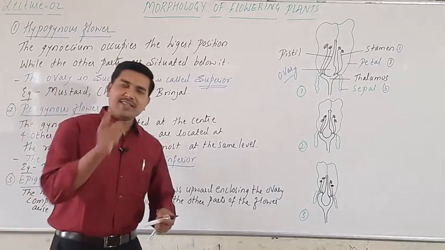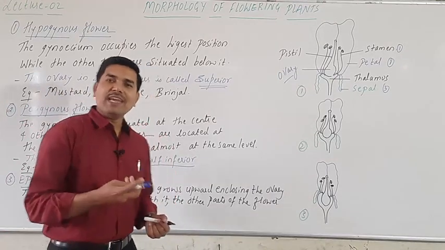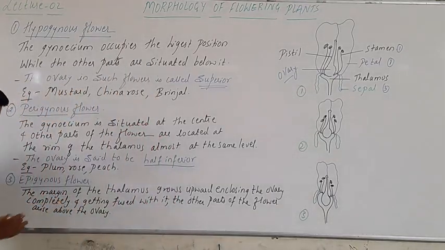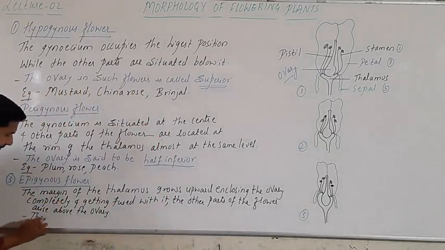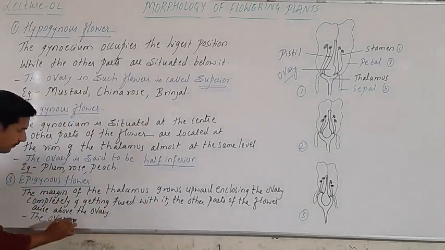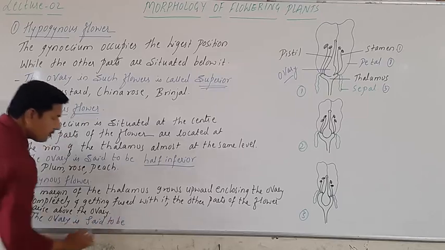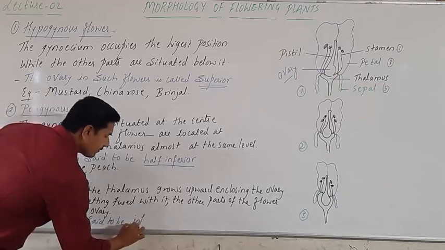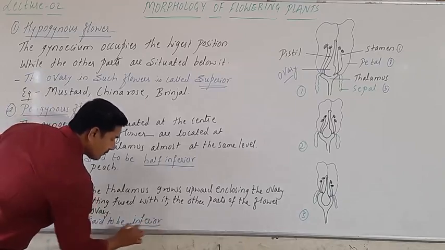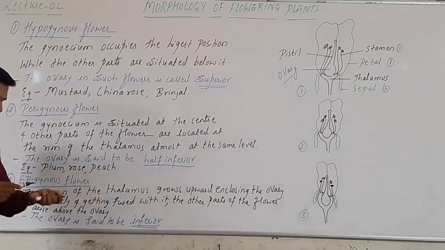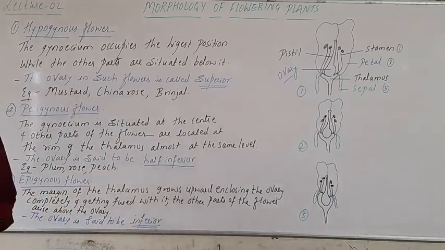Okay. Then such type of ovary is called as what? Inferior ovary. So write the next statement. The ovary is said to be inferior. Okay. So the ovary is said to be inferior ovary here.